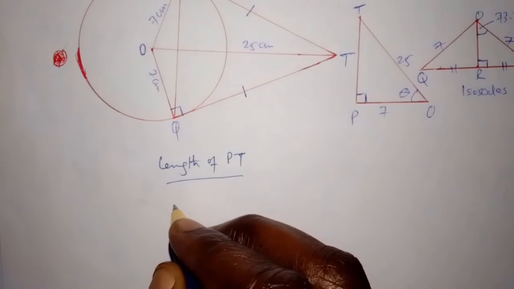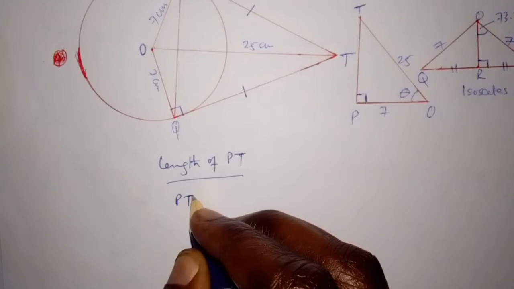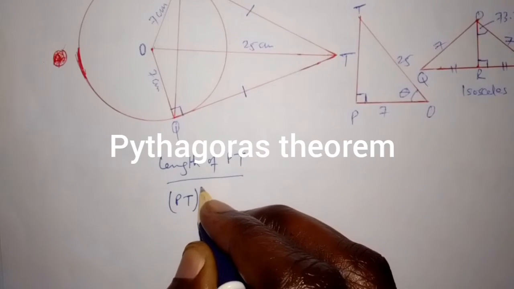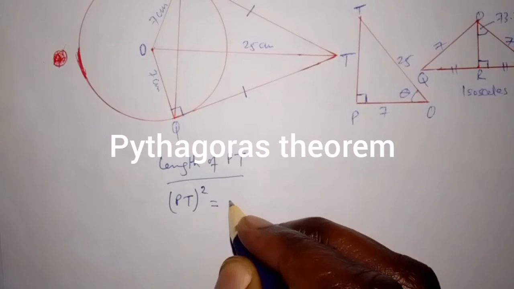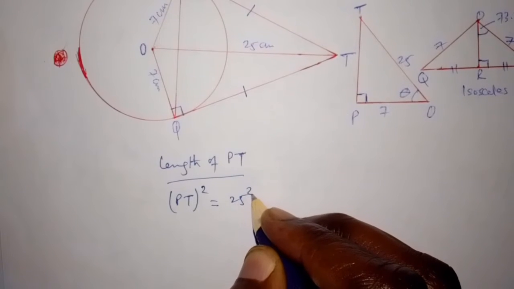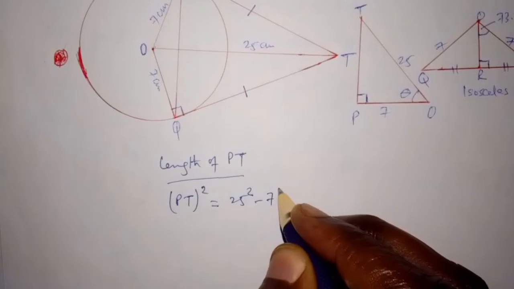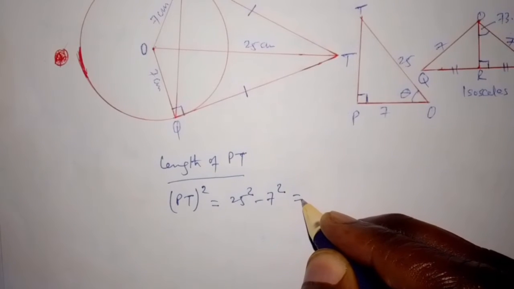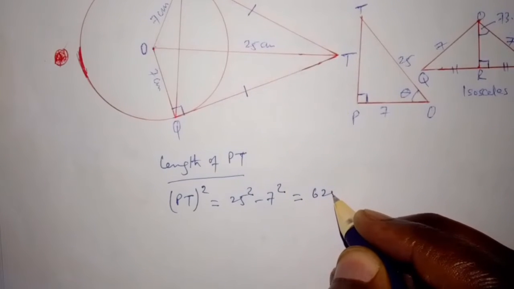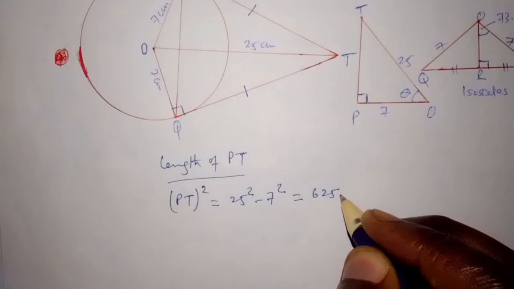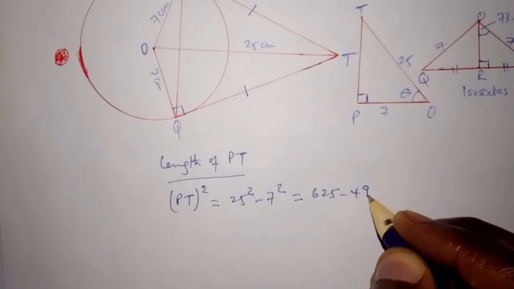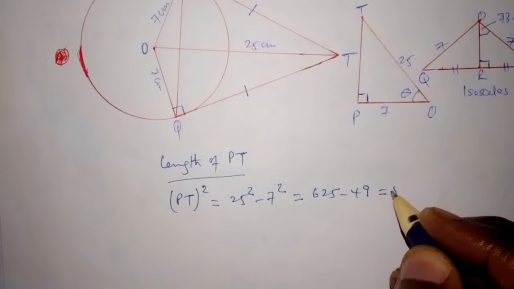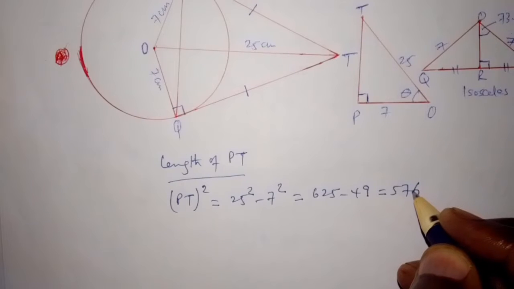We can say that PT squared is equal to 25 squared minus 7 squared. This is giving us 625 minus 49, which is equal to 576.